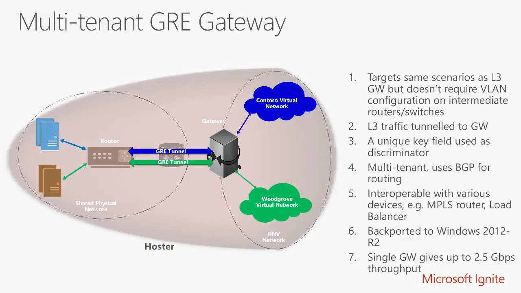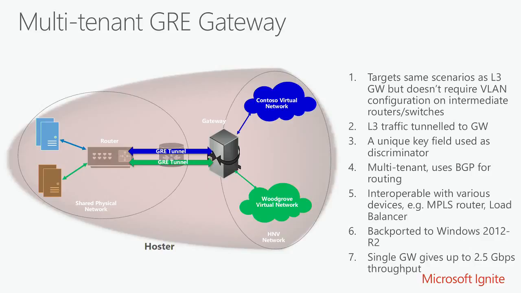You can extend them to the multi-tenant gateway and terminate the GRE tunnel of your individual tenants' MPLS traffic into that gateway, and behind that you can connect the respective tenant VNets. So that's the other model, and it has about 2.5 Gbps as the bandwidth.